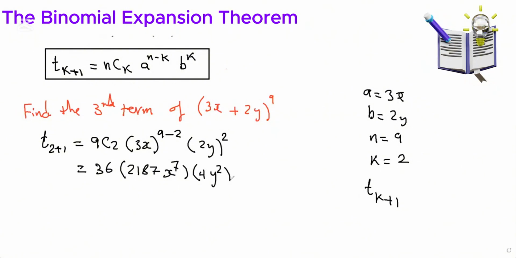And the y also will have the square. Now, times 4 times 36. So this expansion, or the third term here, would be 314,928 x to the 7 y squared.